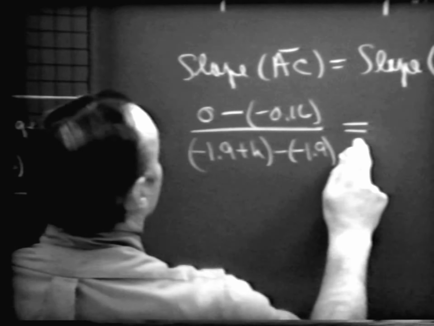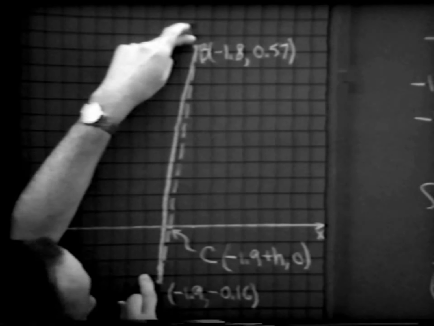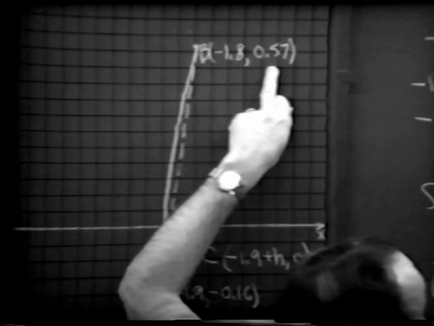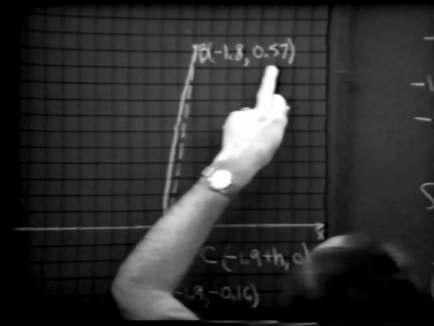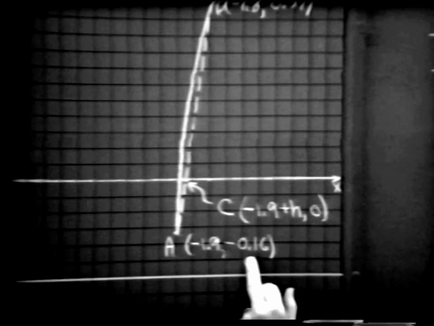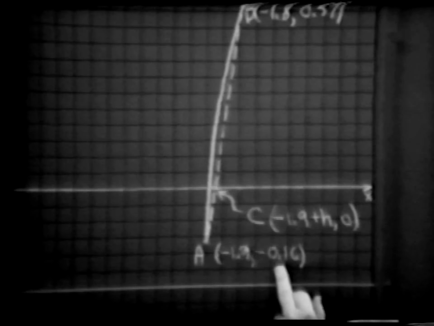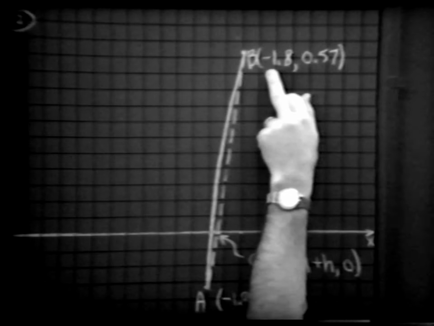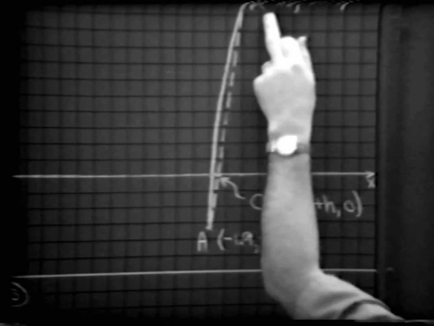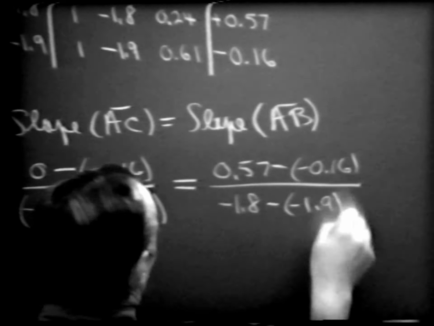And this then must be equal to the slope joining AB. Well, it's going to be 0.57 minus a negative 0.16, divided by negative 1.8 minus a negative 1.9.